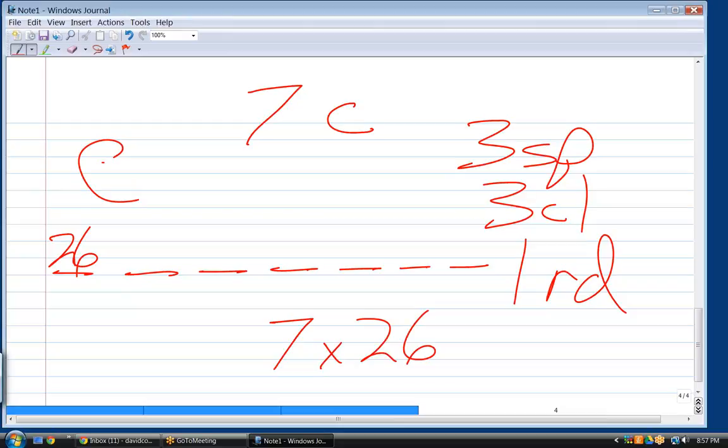Three spades. How many ways can you choose 3 spades? Well, we're choosing from 52 cards. There's 13 spades.